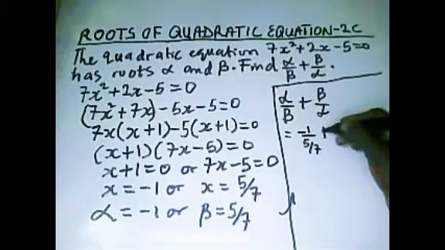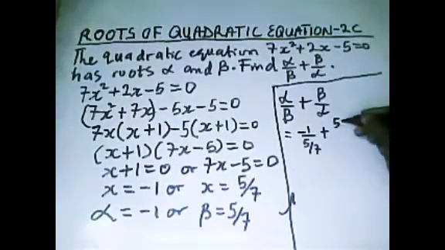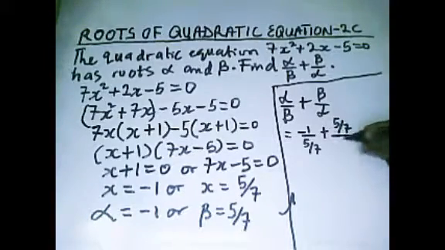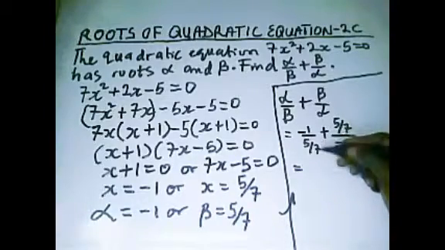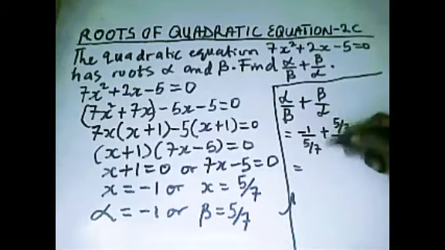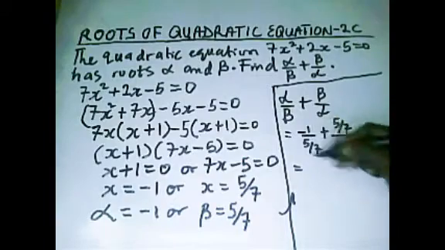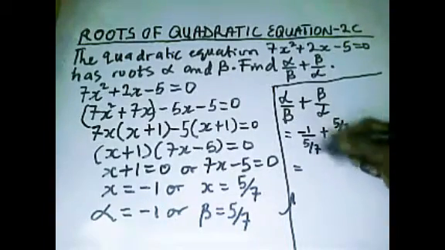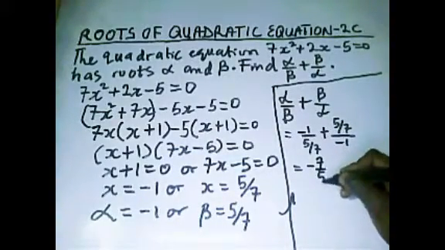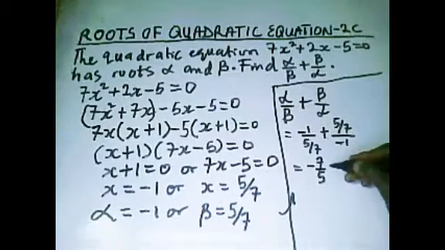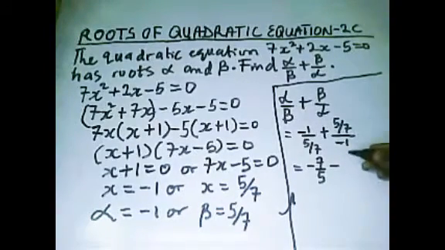Then here we have plus beta is 5 upon 7, then everything divided by minus 1. So if we simplify this, I'm going to do this very quickly. You already know what I'm doing here from the first and second examples. So just take the reciprocal of this. So we have minus 7 upon 5. Then the plus and minus will turn to minus. Then your 5 upon 7 remains where it is. So we are having 5 upon 7 there.